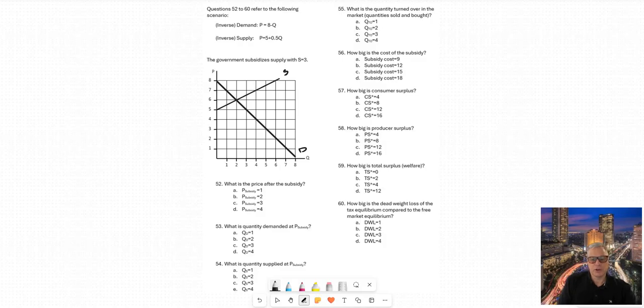And now if we leave it to the market, that would be the market equilibrium, which is our benchmark scenario.